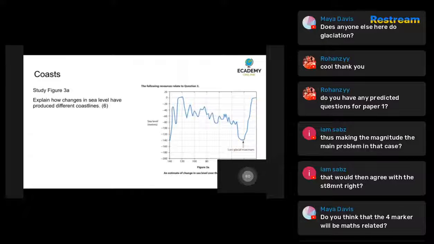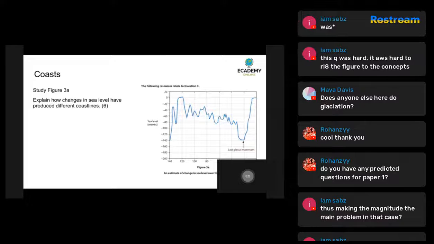The other thing I'd like to say here for these sort of questions in particular is that it says study figure 3a, right? Now, if the exam is asking you to study a figure, then you must use the figure in your answer. Okay? There is some slight leeway with most mark schemes, but predominantly the candidates that tend to do very well are able to use the resource, i.e., lift data from it, extrapolate, and explain what's going on using their knowledge.